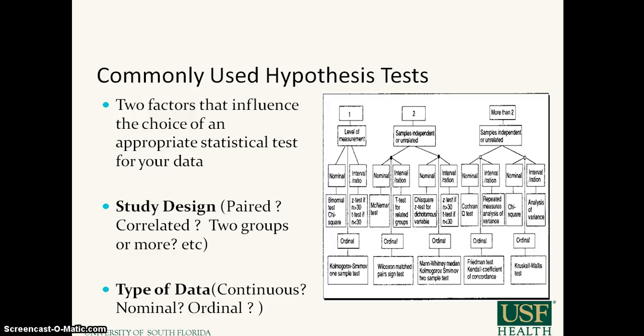So correlated meaning, like if you have longitudinal studies, the subjects are measured repeatedly over time, then you need to think of an appropriate test. Okay. Another important factor is the type of data. So whether the variable is continuous, nominal, or ordinal. So this is also a very important factor for determining which statistical test is appropriate to use for analyzing the data.